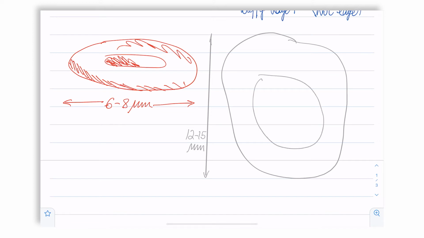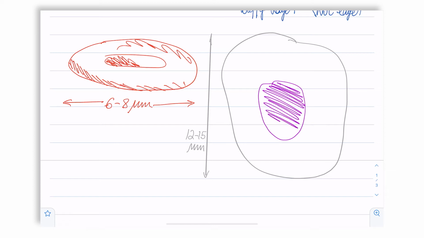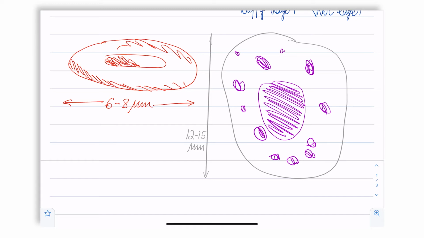They are also nucleated, as opposed to RBCs. At least mature RBCs in humans are enucleated, they lack a nucleus. The granules I'm drawing in the white blood cells are typically, depending on the type of granule, neutrophils, basophils, etc. They arise from the specific morphology of the stain.